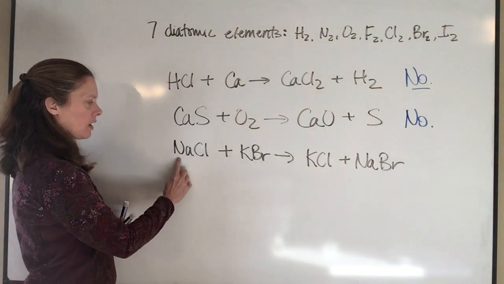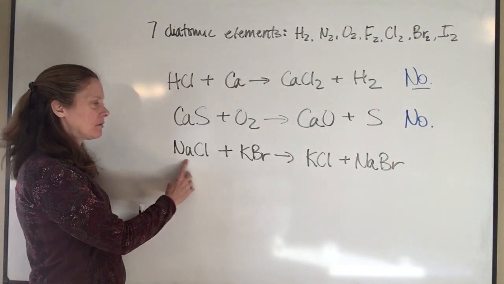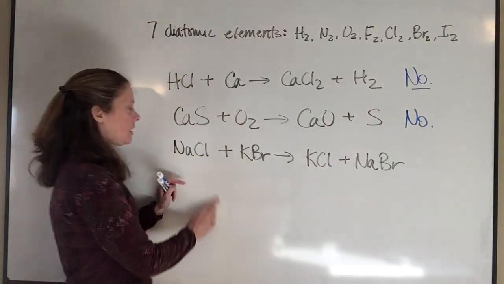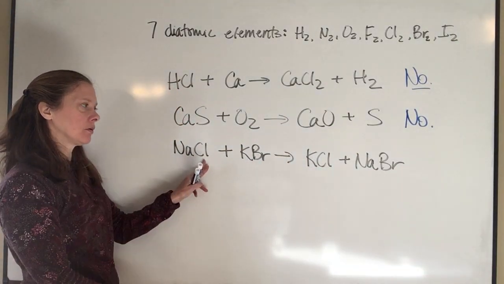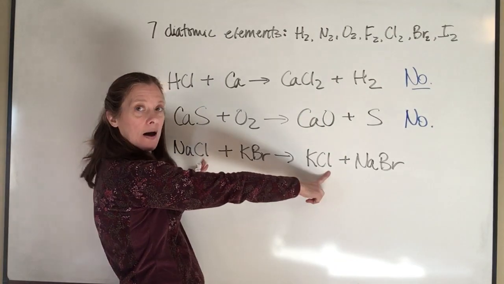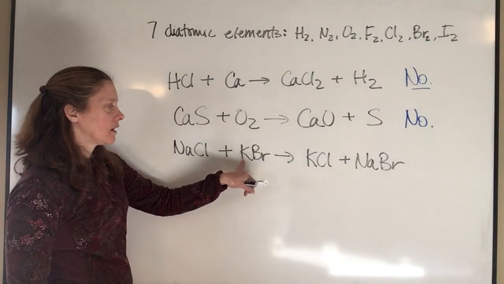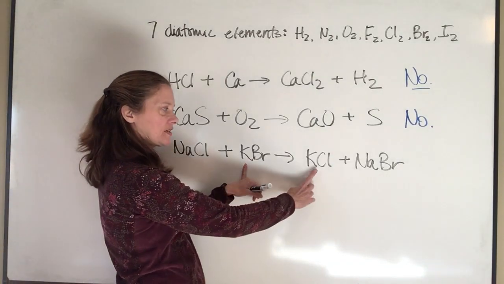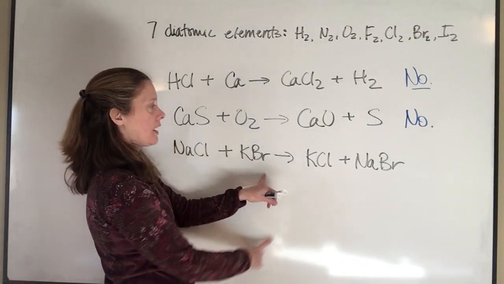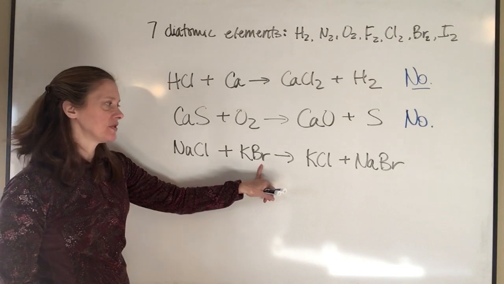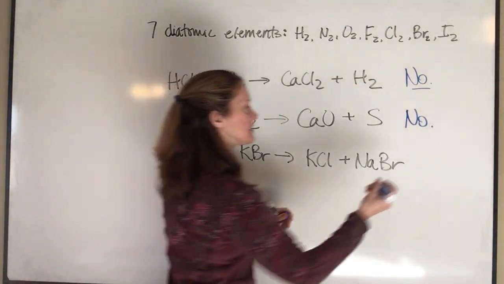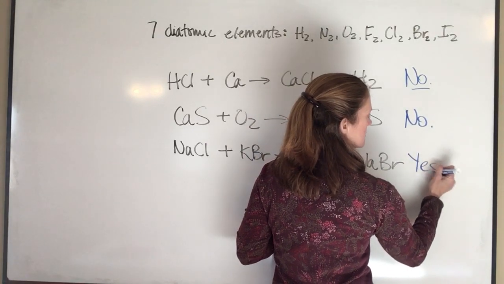Okay, I have one Na, one sodium on this side. How many are on this side? Yep, just one. Chlorine, how many do I have here? One. On this side I have just one. Potassium, how many on this side? One, and on this side there is one. And bromine, I have one on this side, and I have one on this side. So is this equation balanced? Yes, this one is balanced.